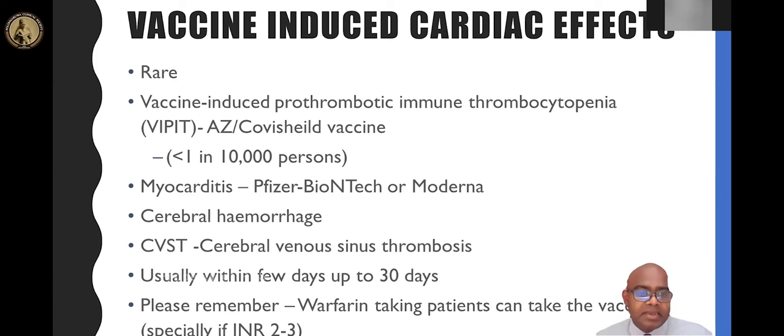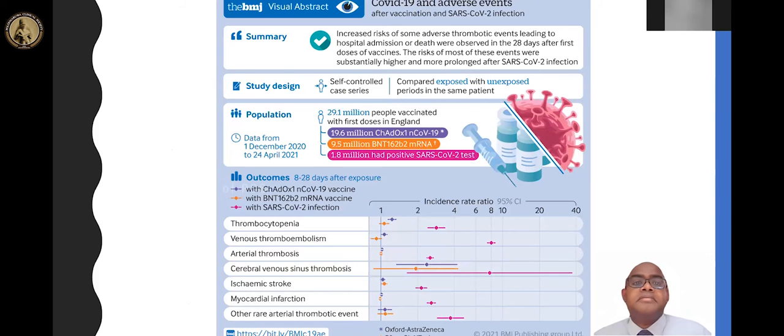But there are case reports of cerebral hemorrhages, cerebral venous sinus thrombosis, usually within the first few days up to 30 days. And please remember, a warfarin-taking patient can take the vaccine, right? So this is the summary of all the vaccine-related side effects, which you should be aware of.